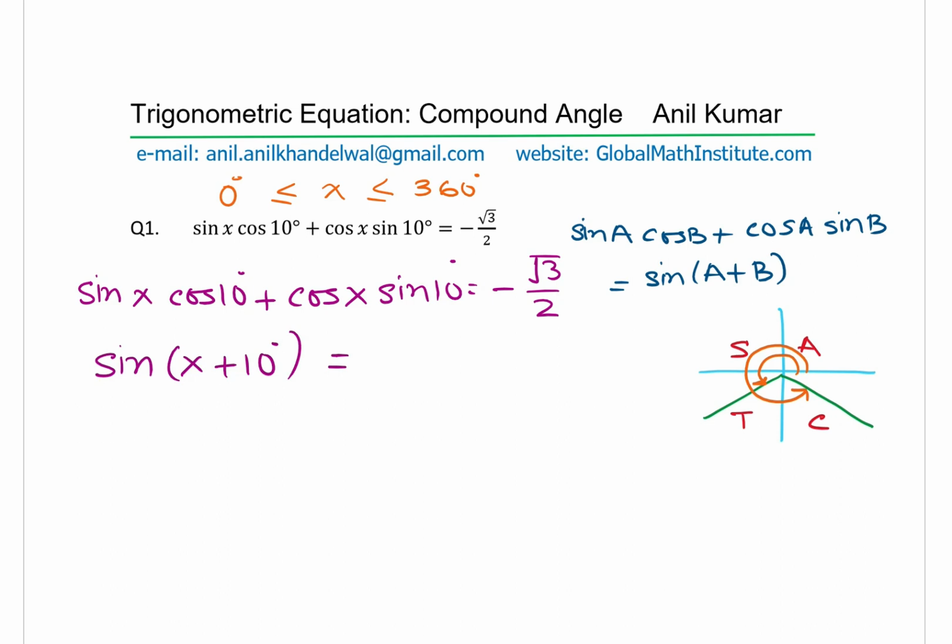Now, we need to find the acute angle alpha. That is the angle which we should find, and that should help us to get the solution. Now, square root 3 over 2, as you may recall, is a direct result from a special triangle. So I hope you remember that.